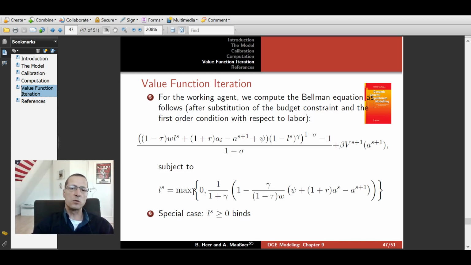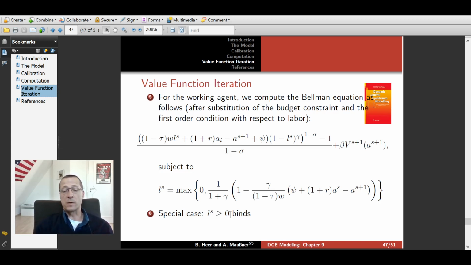So we always have to check that we choose the maximum of 0 and the right-hand side here, the second argument of this maximum function, which is our solution from the nonlinear equations problems without the constraint L larger or equal to 0. So L equal to 0 may bind, and we have to consider this.